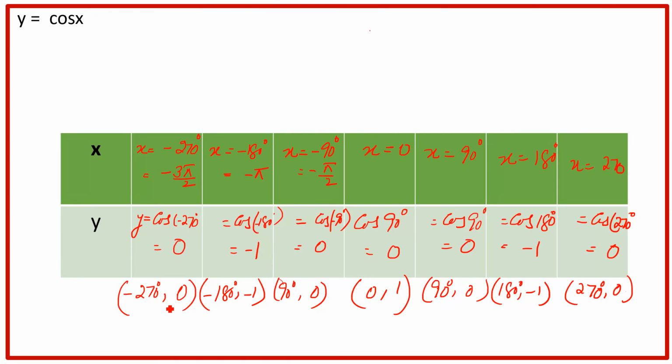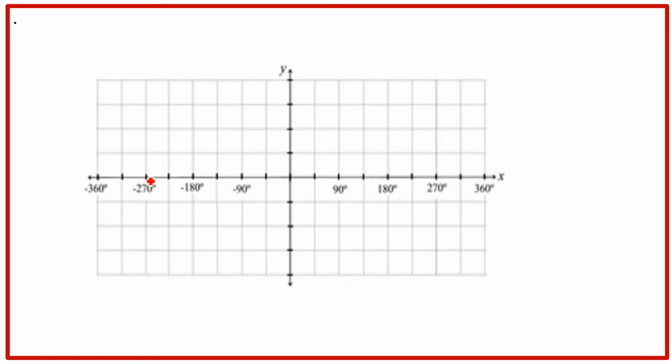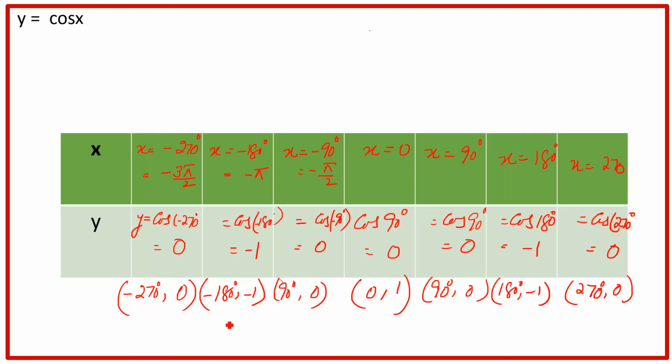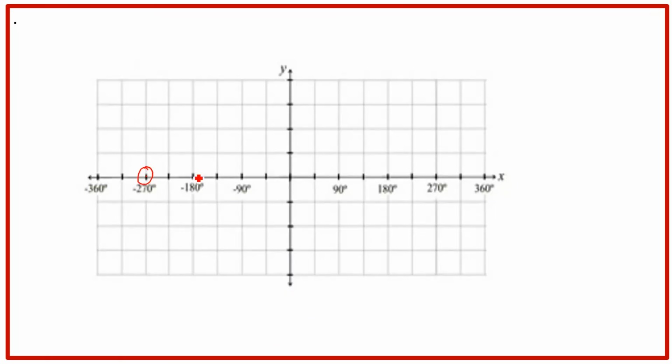Now we will put these values on the graph. First is minus 270 degree on the x-axis and then y is 0. So see, minus 270 and y is 0, we will get this point. Then minus 180 and minus 1. So minus 180 on the x-axis. Suppose this is minus 1, this is minus 2, this is minus 3.